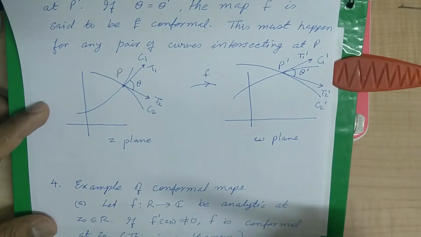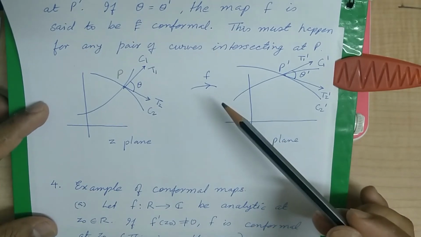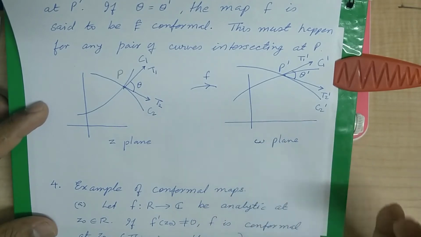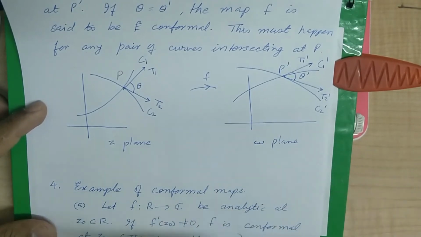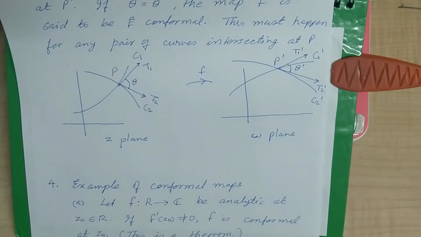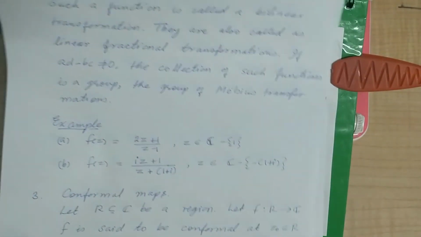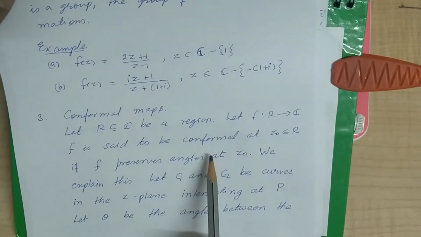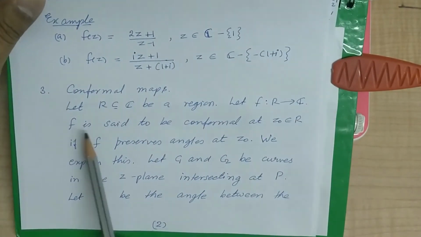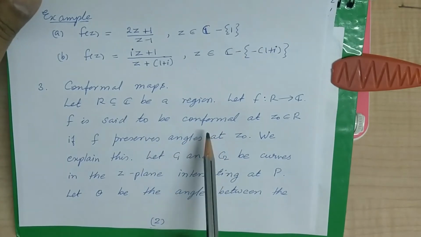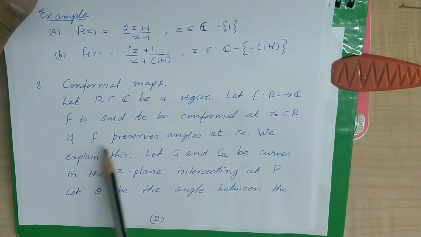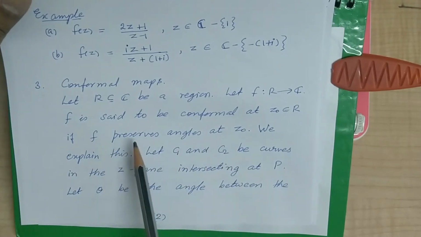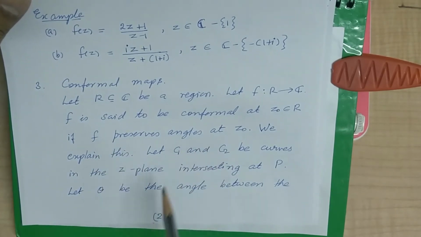Okay, so such maps will be called conformal maps. In short, we say that angle preserving maps are conformal maps. That is what has been described in these notes over here. So we take a region and then we take a function. We say that a function f is conformal at z0 if f preserves angles at z0. And now we understand what it means that a certain function preserves angles.